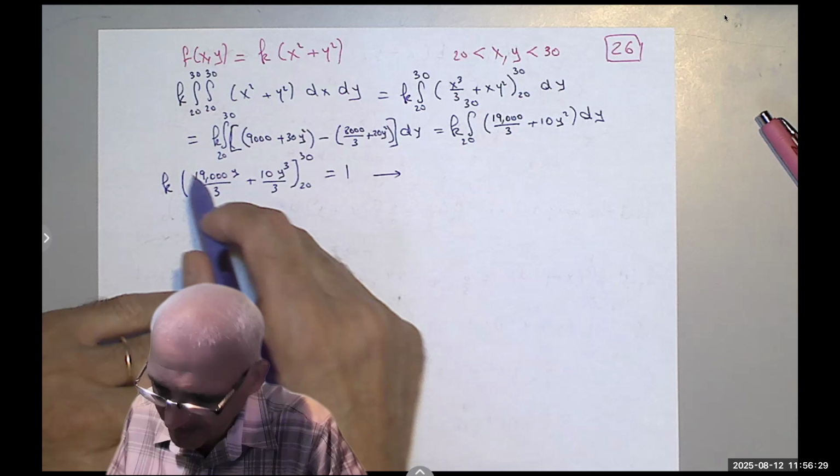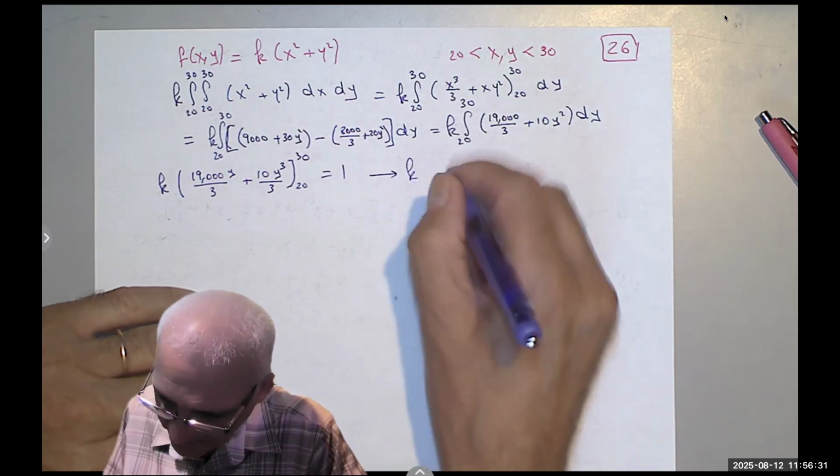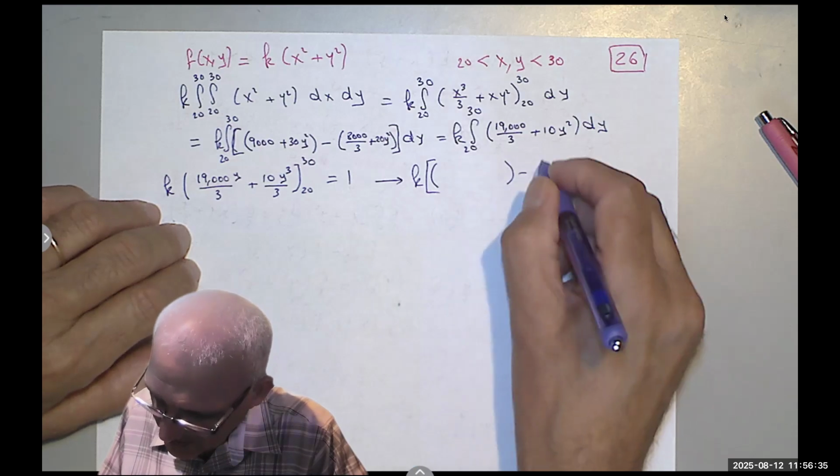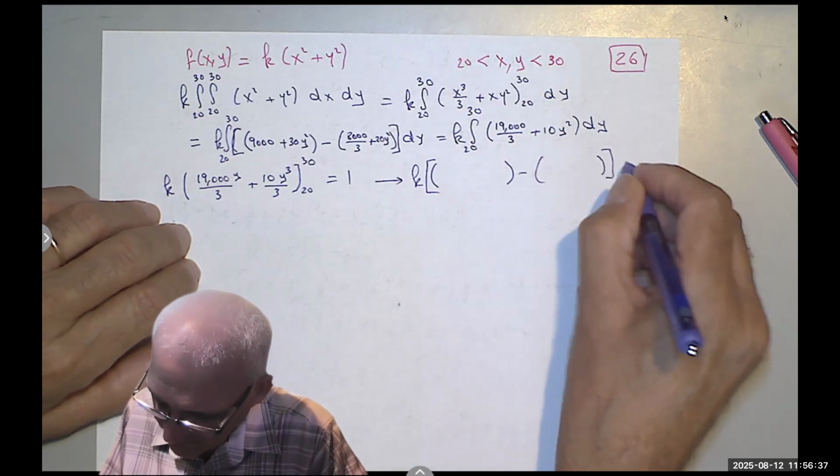The left-hand side would give me k times, and again, I'm going to do this to play it safe.